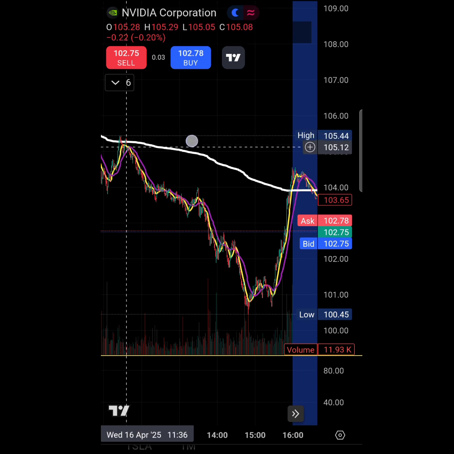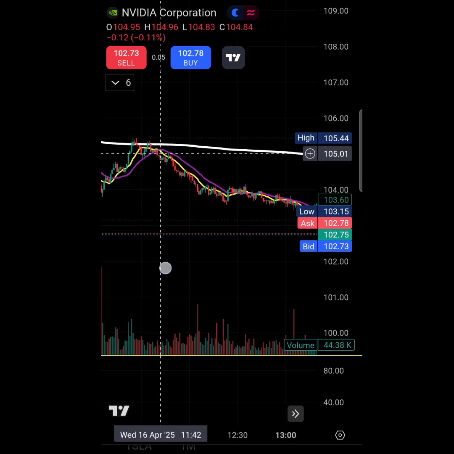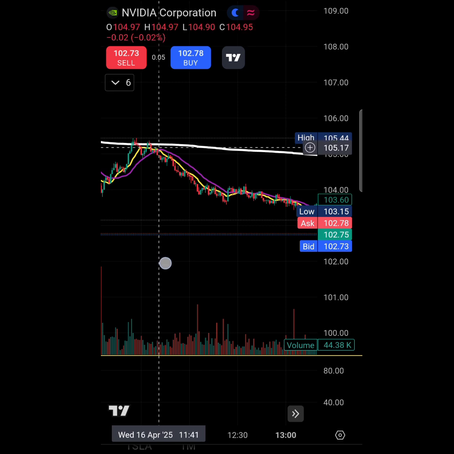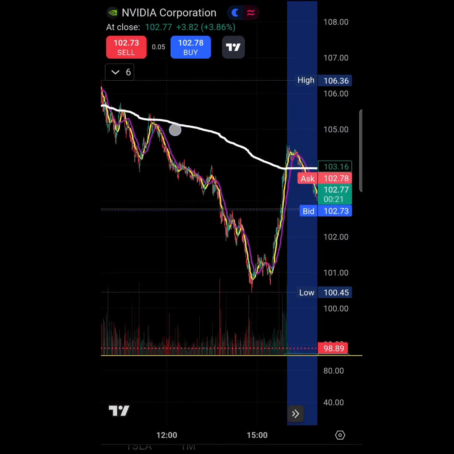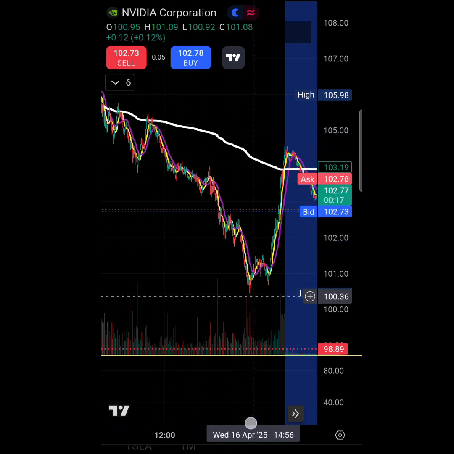And then had you missed that, you can see there was rejection at the VWAP. You can just watch here where the 9 EMA crosses, it's below VWAP and it's rejected. Then you can just catch that to go all the way down. And if you were lucky to jump into this one, you would have caught that all the way down to 100.